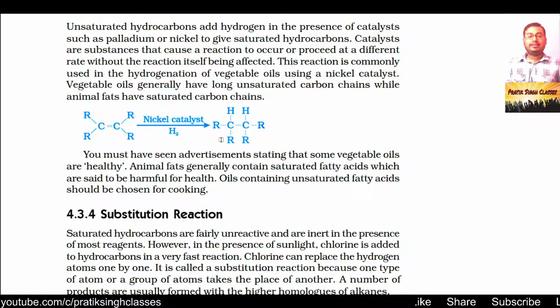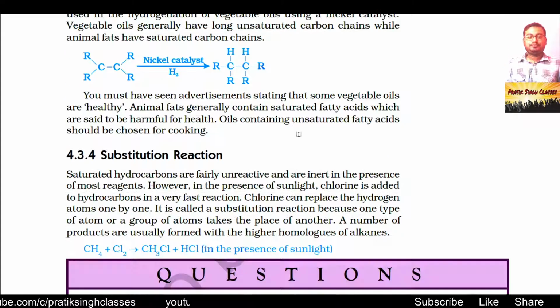You can see that one bond between the carbon atoms has broken, and at both positions there is addition of hydrogen, and now all the atoms are joined with single bonds. That means the unsaturated compound has converted into a saturated compound.